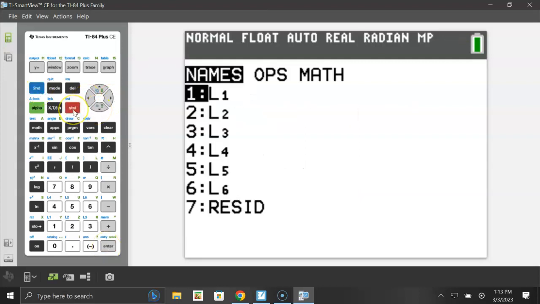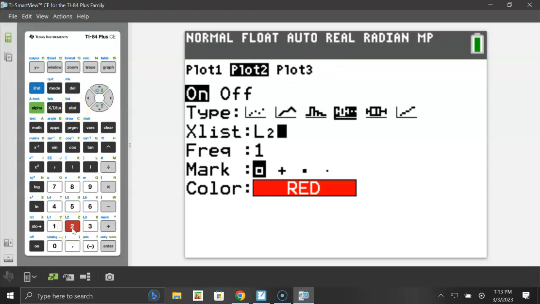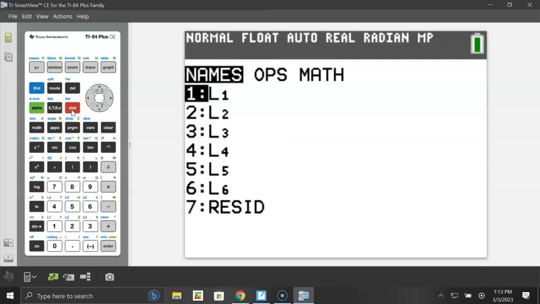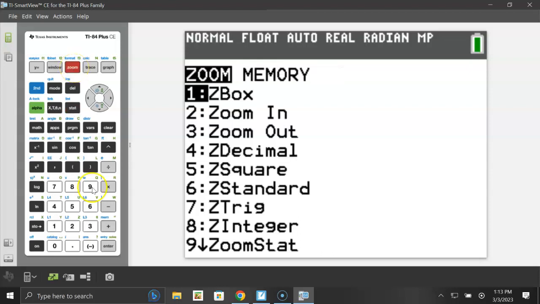Actually, we can. Blue one's pretty. So when you're right here, you hit second stat, and it'll give you all of your lists in there. Okay. So I can hit zoom, stat.